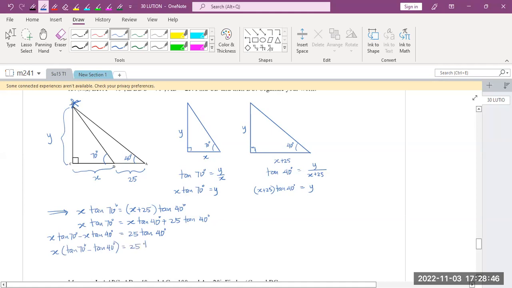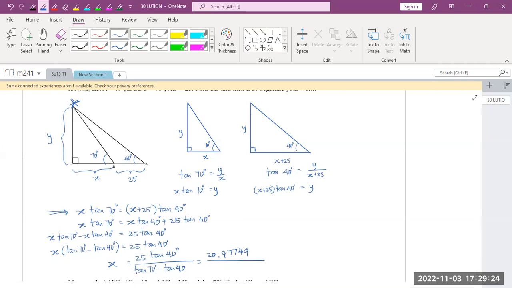So our X is equal to 25 tangent 40 degrees over tangent 70 degrees minus tangent 40 degrees. 25 tangent 40 degrees is 20.97749, over tangent 70 minus tangent 40, which is 1.9083778.